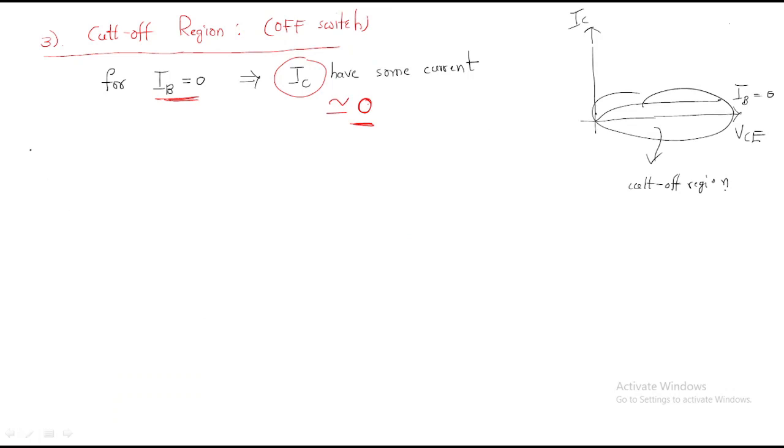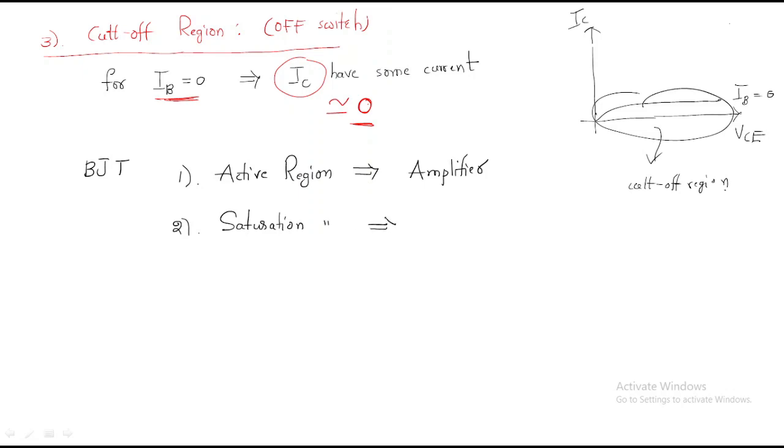By using this, we can understand that when the BJT is in active mode or active region, it acts as an amplifier. When the BJT operates in the saturation region, it acts as an on switch, that is, a short circuit.